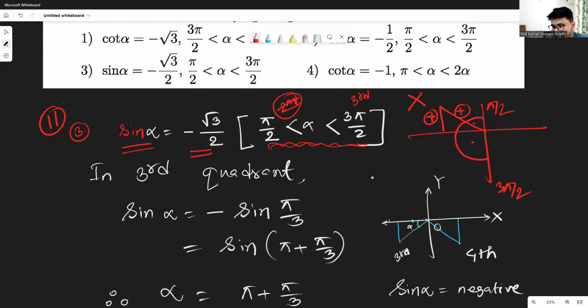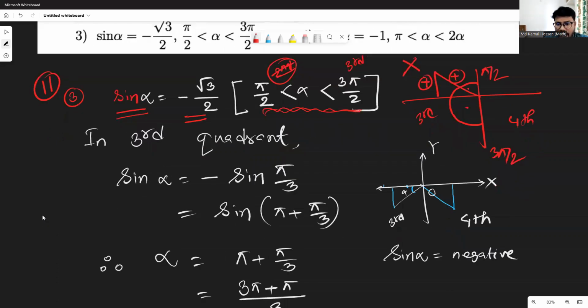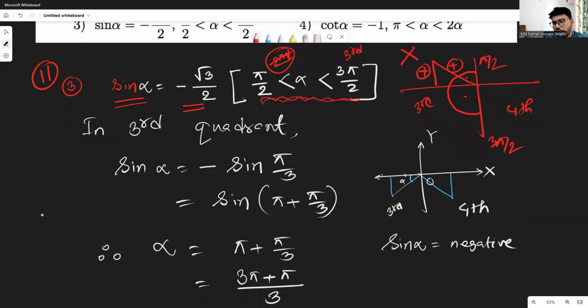Sin theta is negative in the third quadrant and in the fourth quadrant. But the given angle is, according to the condition, second and third. So we only have to choose the third quadrant. The fourth quadrant is not acceptable because the angle given here is second and third. Though it is minus, due to the angle it is not acceptable in the fourth quadrant.